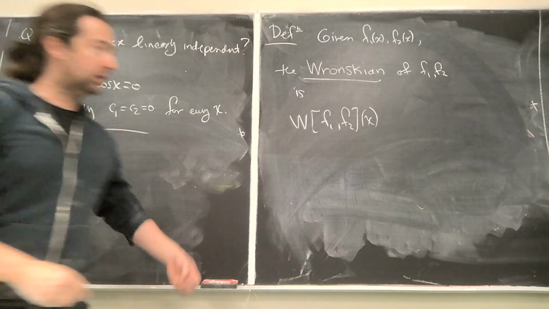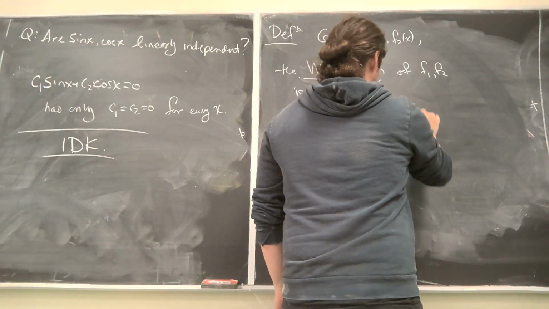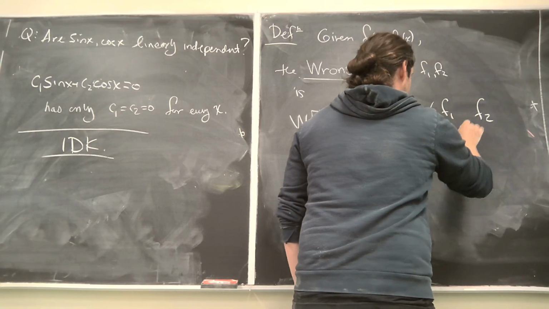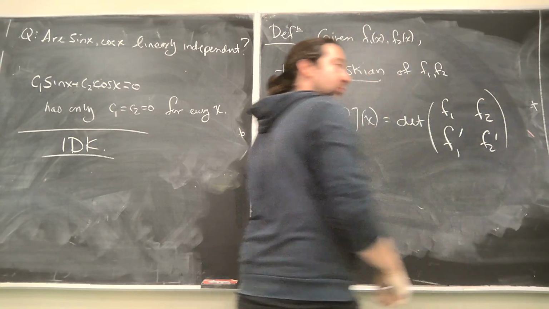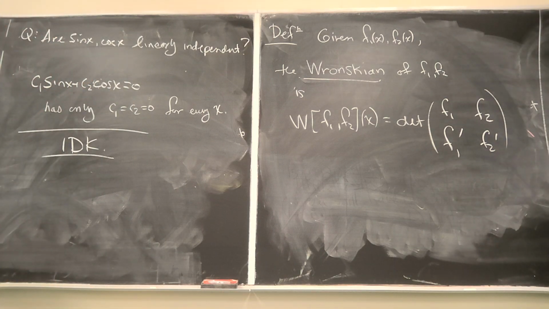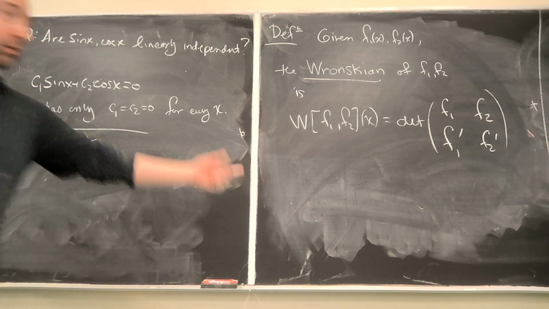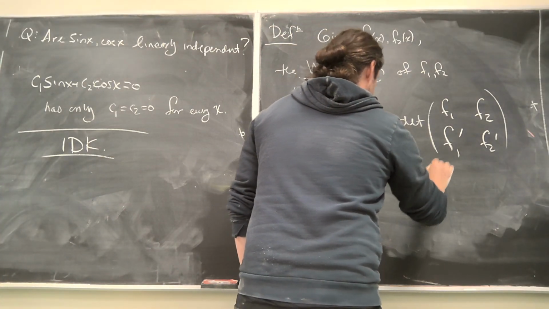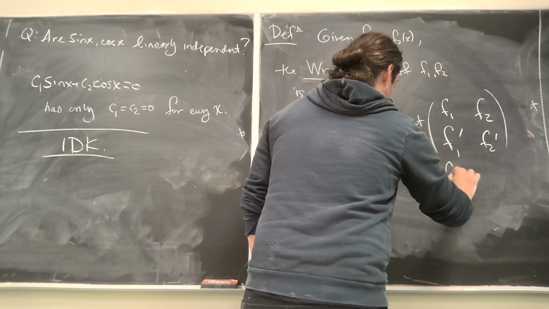And the way that you calculate it is the determinant of this matrix where you put the functions and their derivatives inside of it. I mean, you could actually calculate it in this case. This is going to be f1 times f2 prime minus f1 prime times f2.